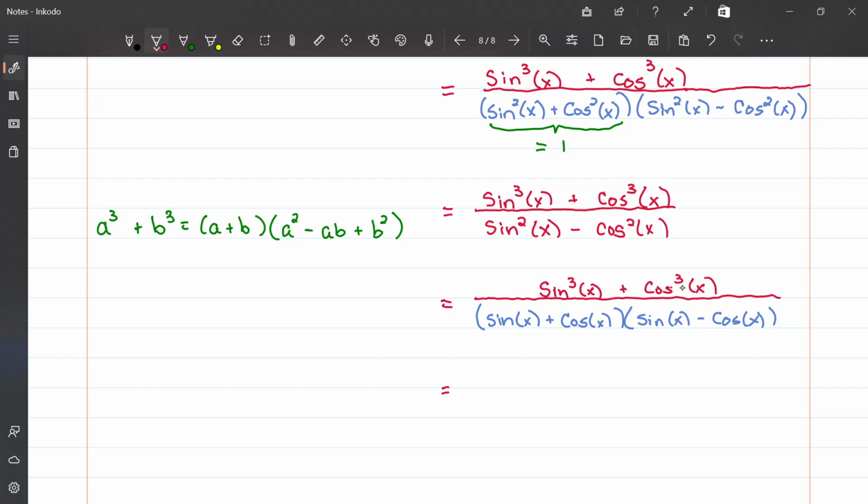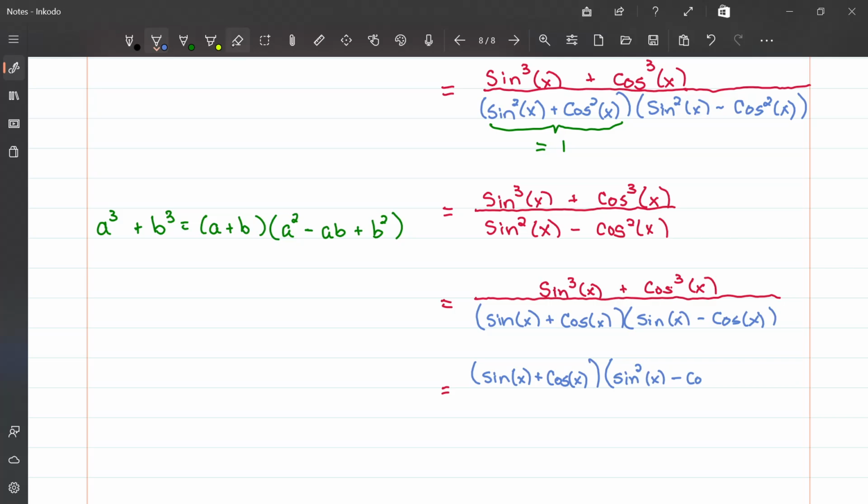Instead of sine cubed plus cosine cubed, I'm going to do first plus second. In parentheses, first plus second. Then I'm going to multiply that by the first squared minus the first times the second.